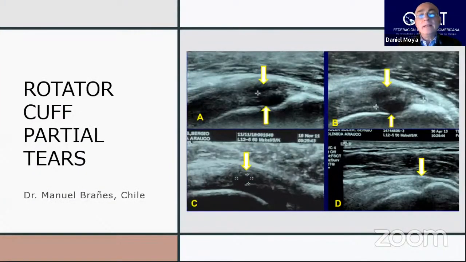This is another interesting case, not a paper, that Dr. Manuel Brañez from Chile gave me. And this is a patient with an interstitial rupture, partial rupture of the rotator cuff that was treated and was followed by ultrasound, and he was treated with focused shock waves, and they have demonstrated, at least in this case, that there was a healing of the rotator cuff, having an interstitial intramural partial rupture.